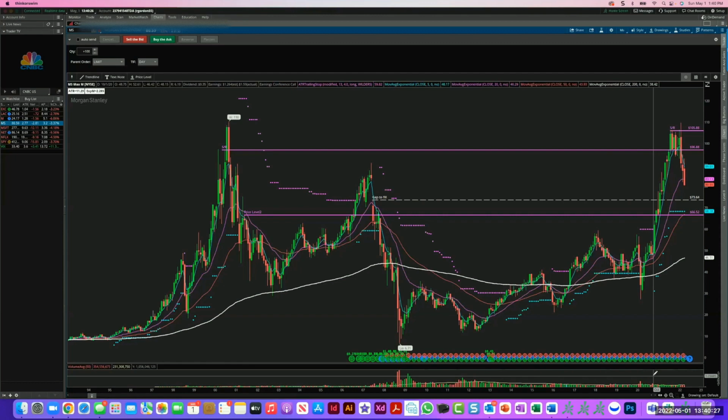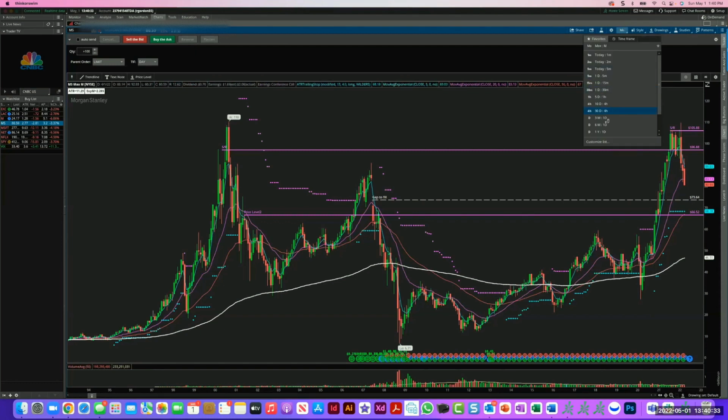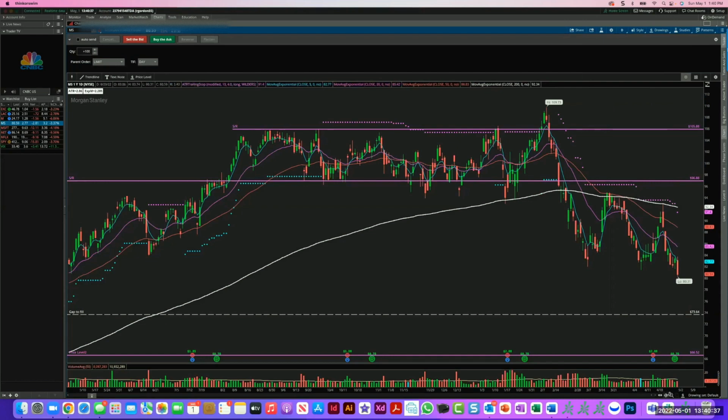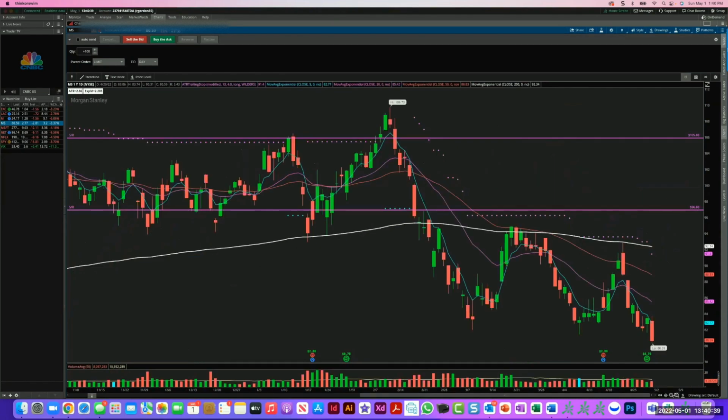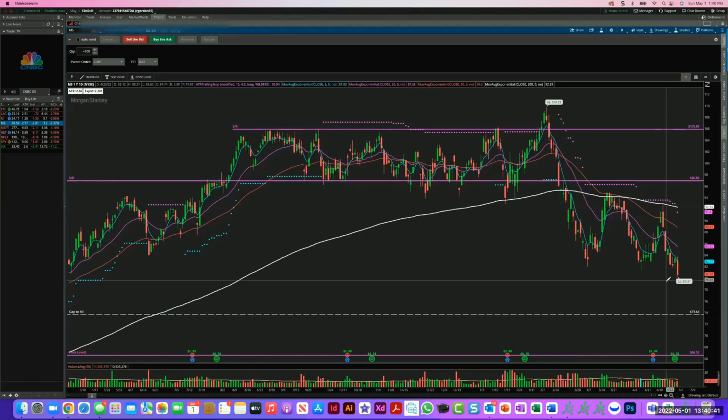And you want to start with a monthly chart, then move to the weekly and move to the daily. Because if you're just looking at a daily chart, it may very well look like Morgan Stanley is good value right here because it's a 52-week low, and we're expecting that we want to buy to the upside if things are reversing and they're within 30% of that 52-week low.